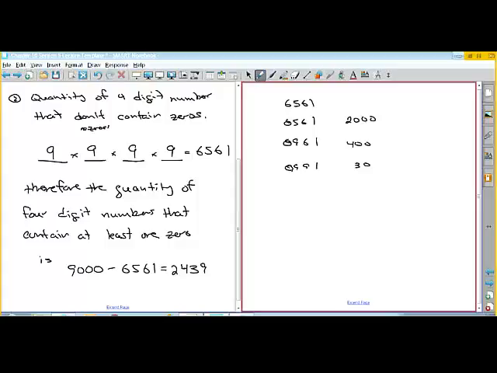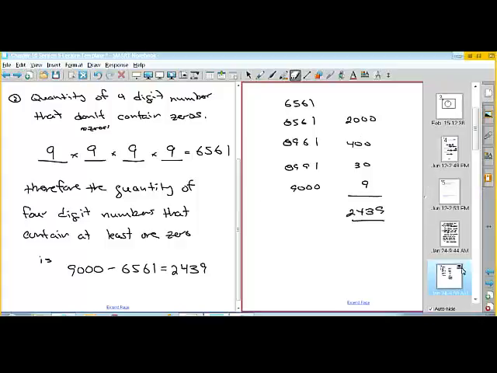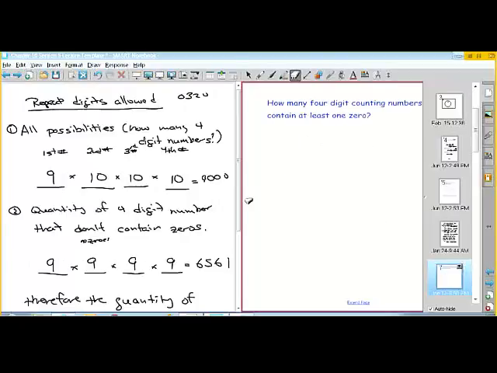And then if I add 30 to that, I'll get 8,991. And then if I add 9 to that, I'll get to 9,000. And if I add all these numbers together, I get 2,439. So it's a different way of doing subtraction by figuring out how much you add, and you start at each decade and move yourself up there. So that's a little sidelight about mental math. Okay, so that's the answer.